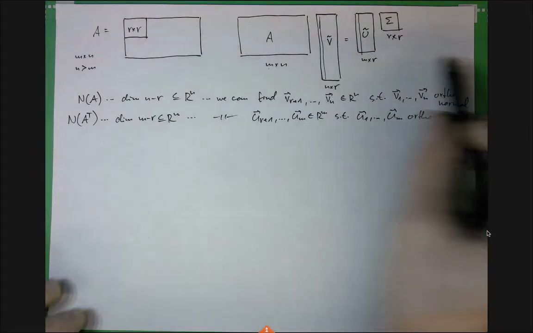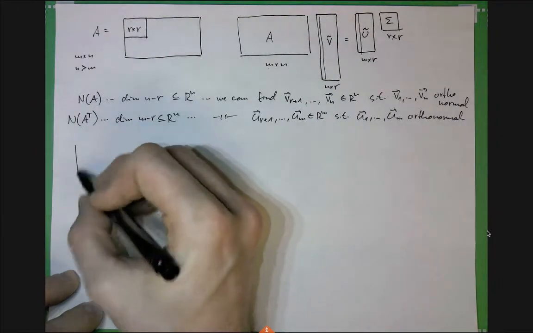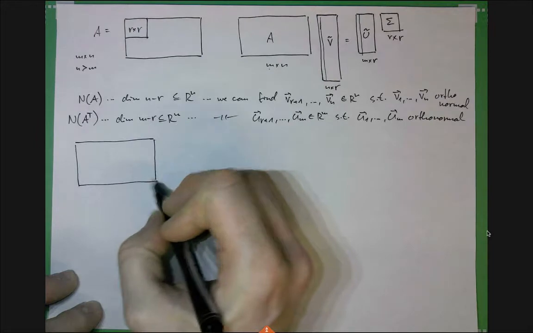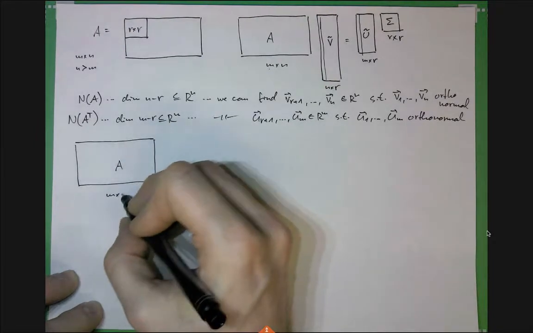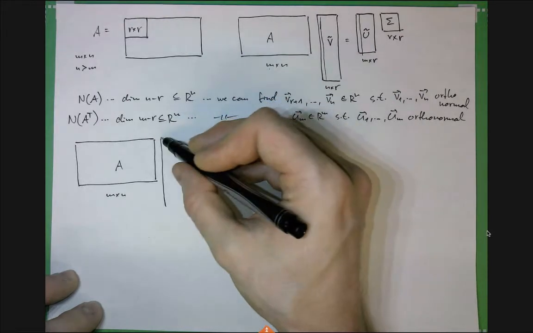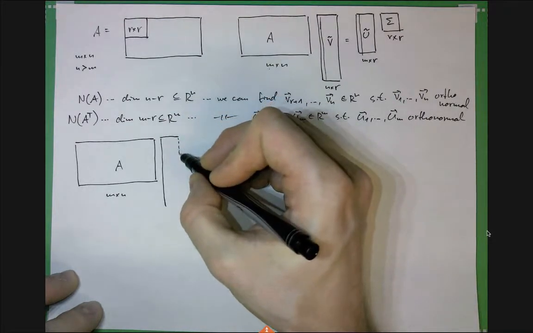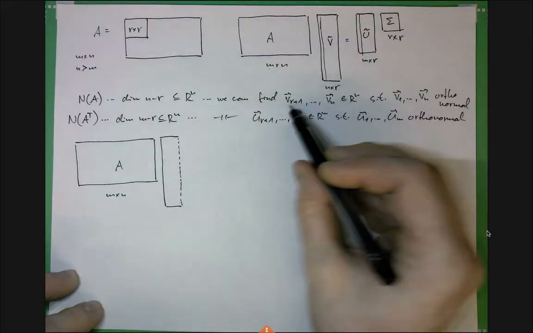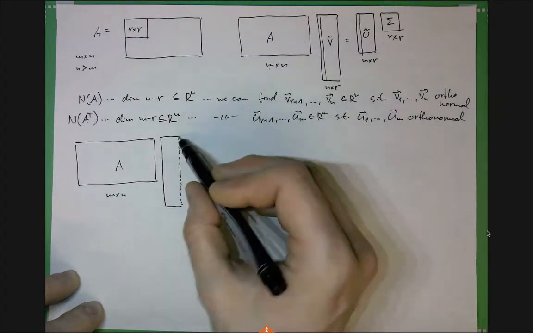So if I put it here in the matrix picture, I can now expand that picture. This is my A, which was m by n. Here was my original V, actually my original V tilde. And now I'm going to expand it. I take all these guys, Vr plus 1 to Vn.